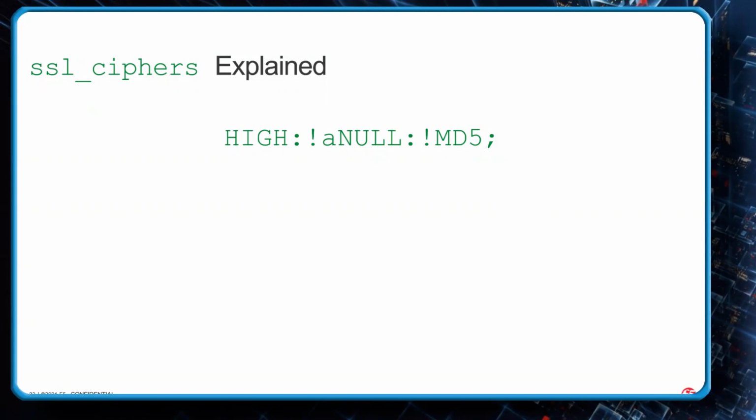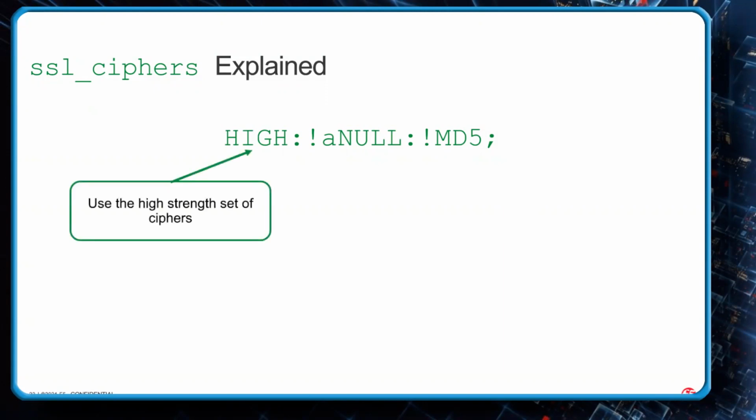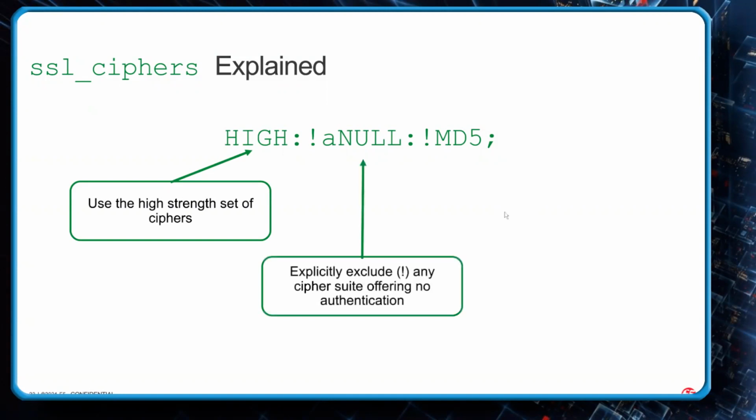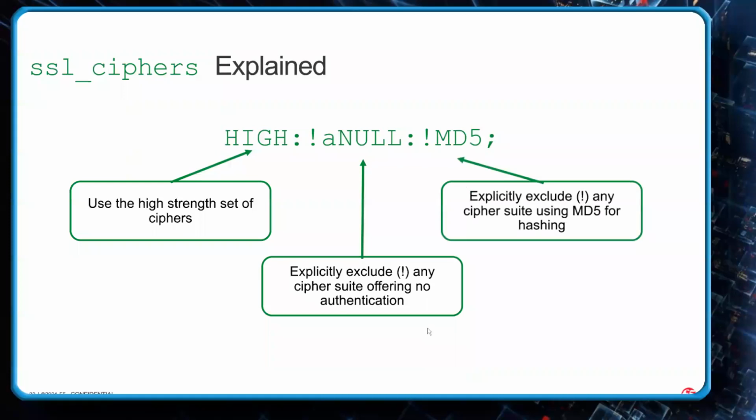It's going to use high security ones, so only the high strength ciphers available in a collection. It's also going to exclude suites that don't use authentication, and it's also going to exclude suites that use insecure or weak hashing mechanisms. The exclusion is happening by virtue of the exclamation mark in front.